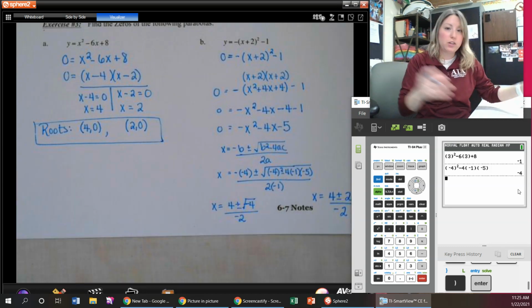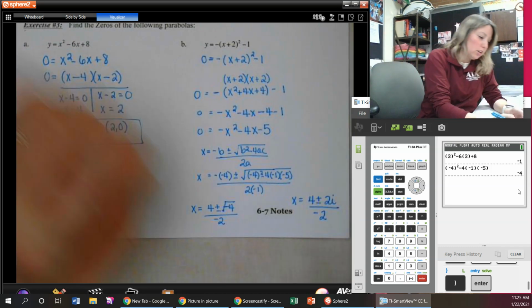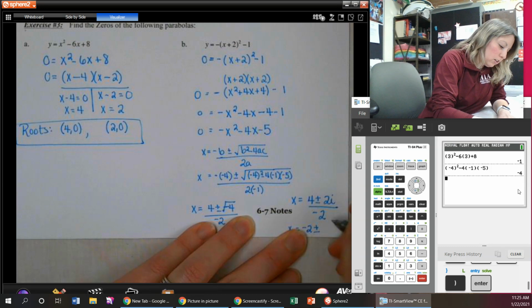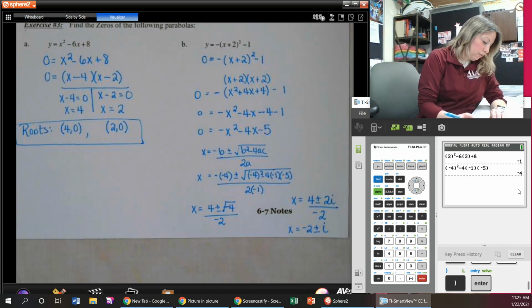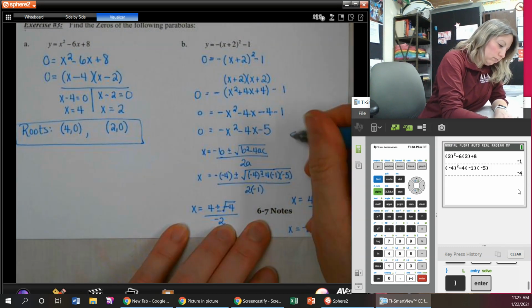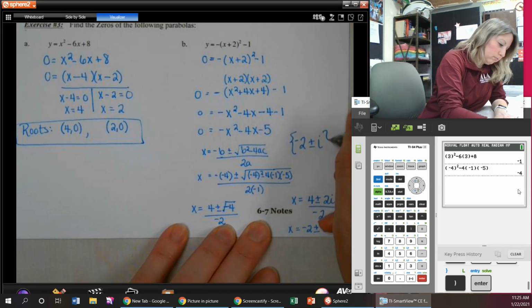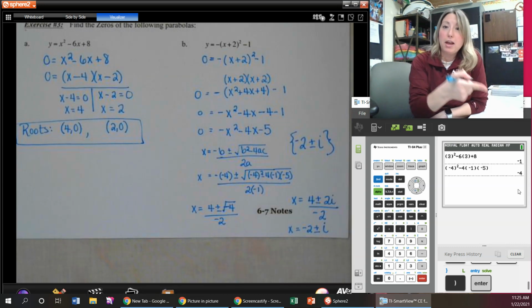So divide both of these by negative 2. You get negative 2 plus and minus i as your final answer. Those are your roots. Imaginary roots.